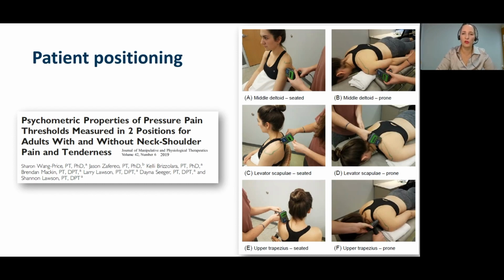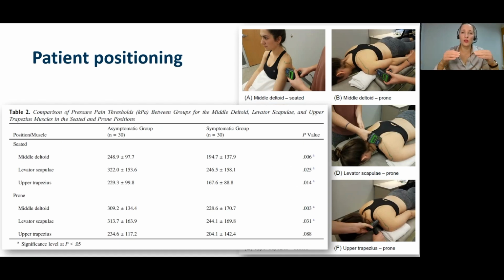They tested the middle deltoid, the levator scapulae, and the upper trapezius in a sitting and a prone, a lying down position on the face. They actually found that when you're testing in a seated position, when there is tension on a muscle because of the weight of the arm being pulled by gravity, the pressure pain thresholds are lower. And this was both in the symptomatic groups and in the asymptomatic groups. So keep this in mind.